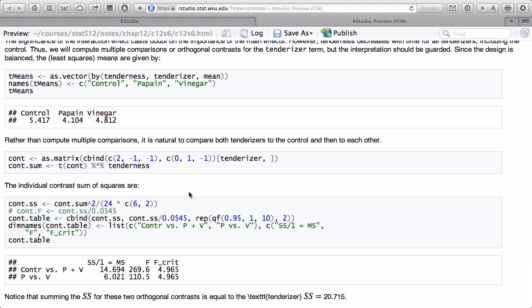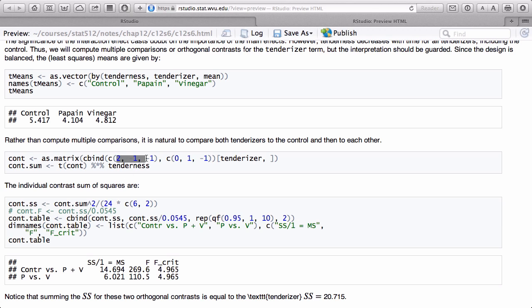Now, it turns out that what I'm showing you here is a little bit technical. I'm binding together these two contrasts, and then I multiply the contrast times the tenderness and get the sum for the contrast, and I square the sum and divide by 24 times the vector of 6 times 2. 6 comes from 2 squared plus 1 squared plus 1 squared.